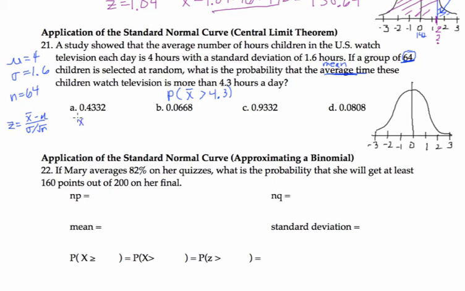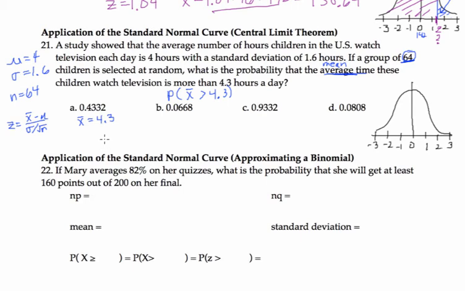So I've got this mean value. Instead of having a data value of 4.3, instead of talking about one kid watching 4.3 hours a day, I'm talking about the mean of a sample. And that mean of my sample is 4.3.